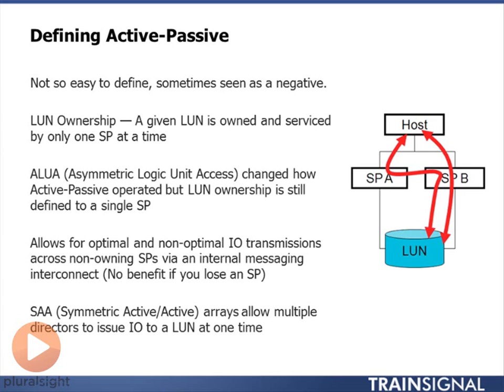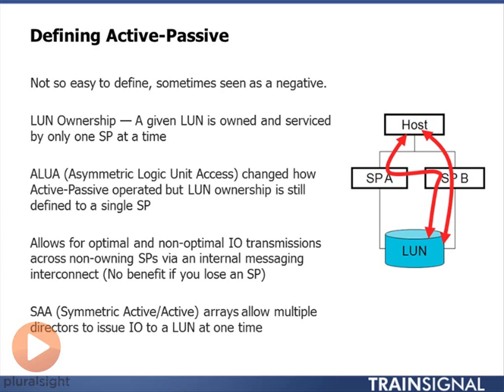Sometimes it's seen as a negative. Active-active always gets all the glory, especially in situations where you have failed components, that's when active-active pays for itself, because you're able to provide the same level of performance even though you've lost maybe a hardware component. With active-passive, if you lose one of your major heads, one of your SPs, you're going to suffer.